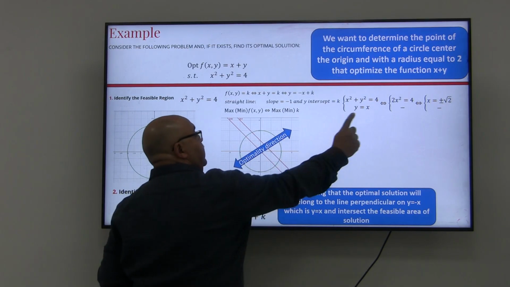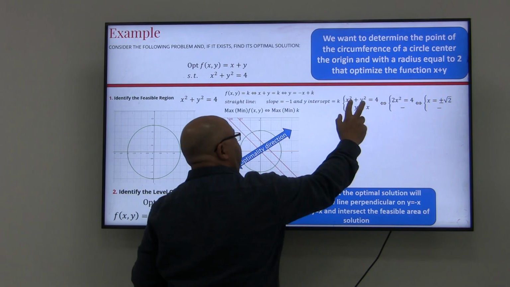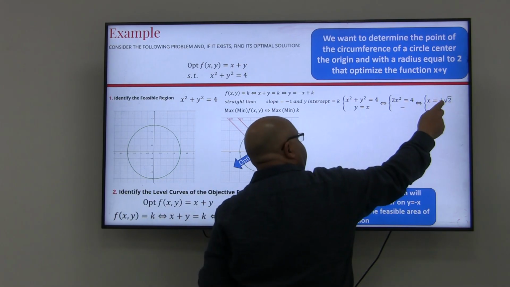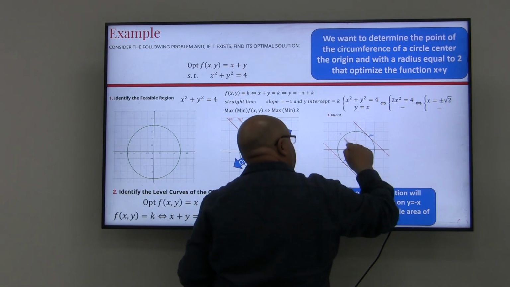That's the equation that I will depend on. So replacing y by x, I will have 2x squared equal to 4, and from then x is positive or negative root 2.